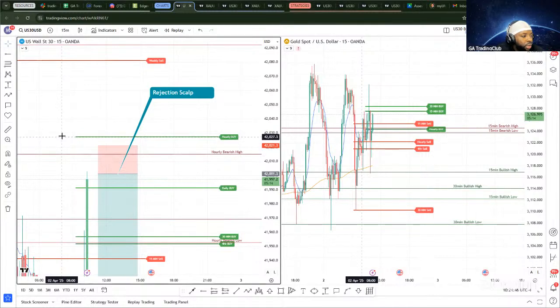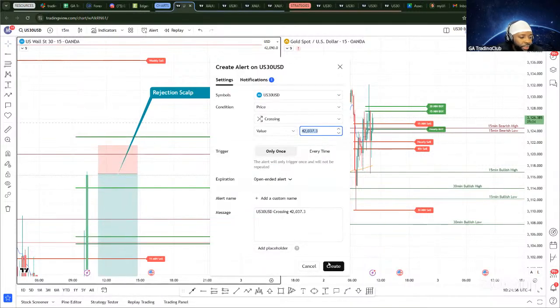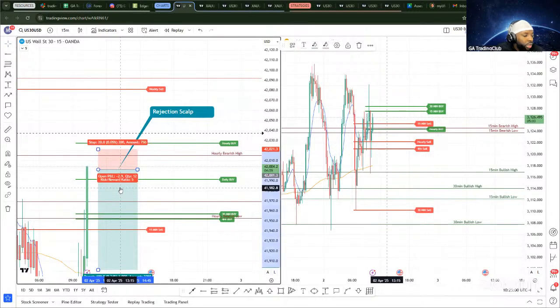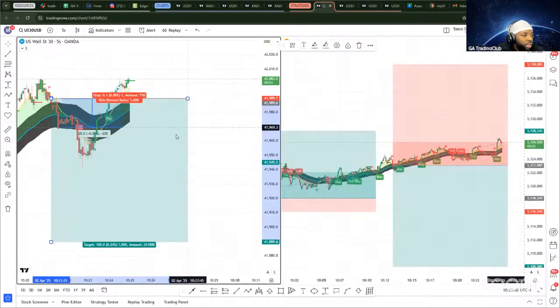27,37.3. So there is still an opportunity here for price to swing back down. So this one, let me see. 41,989.6.